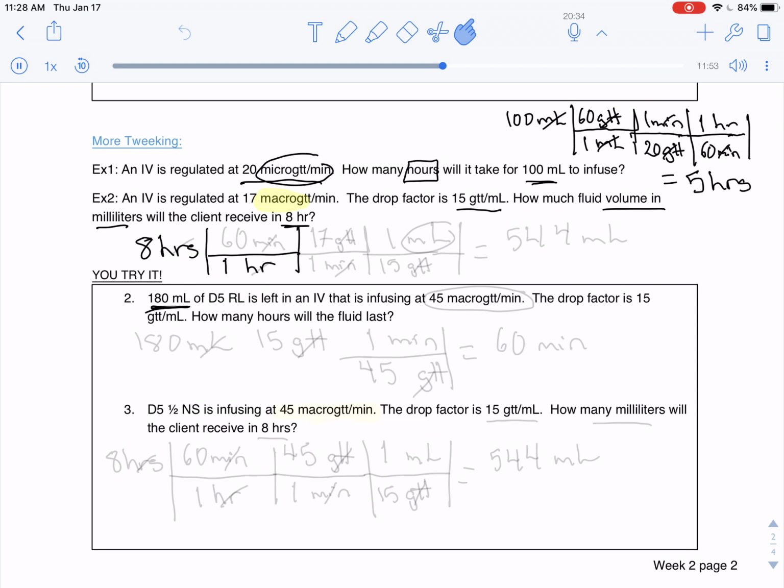So in 1 hour, there are 60 minutes. And as the problem states, our conversion factor would be 1 minute has 17 drops. And since we are in macro drops, that means that there are 15 drops per milliliter.